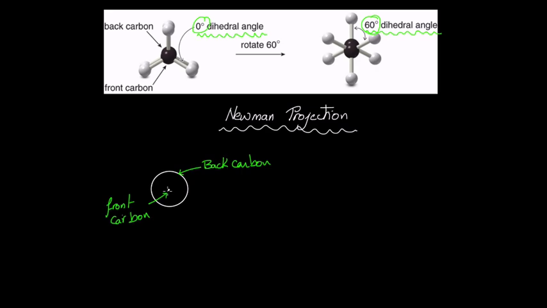From the front carbon you can draw 3 bonds, 1, 2, and 3. Now if we were to draw the staggered conformation on the back carbon, we start from the circle. So we have a 60 degree dihedral angle between each two bonds. So this would be the staggered conformation.